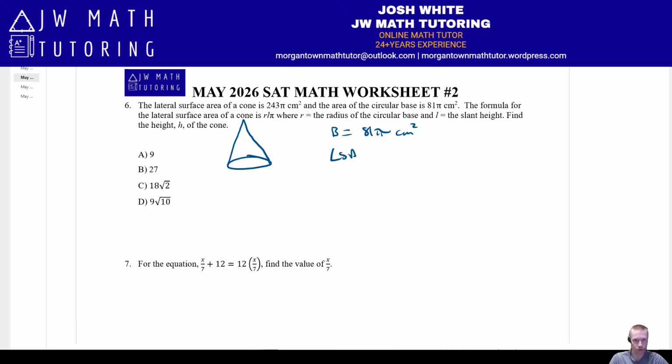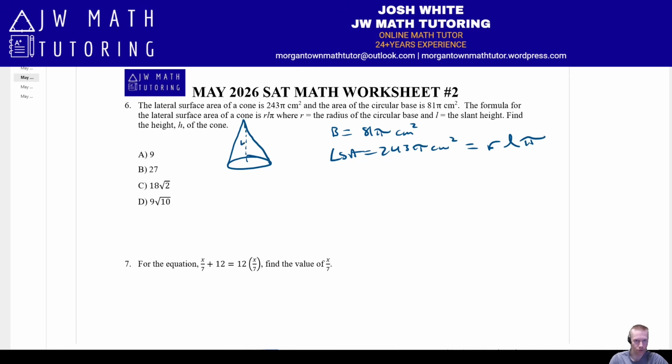We know the lateral surface area, 243 pi. They also have to give you this formula for lateral surface area: it's basically the radius times the slant height times pi. And they want to know the overall height of the cone.